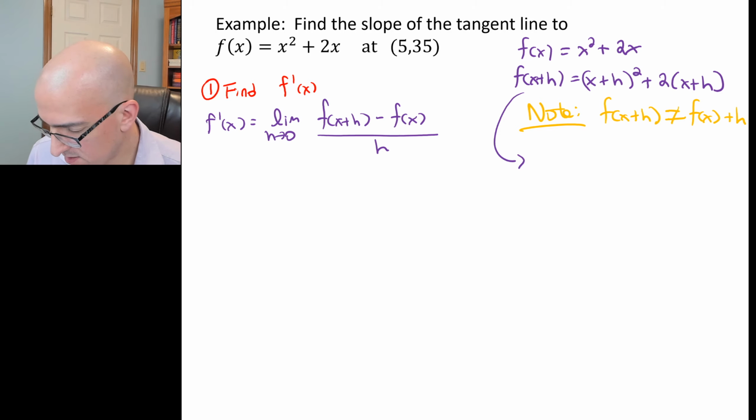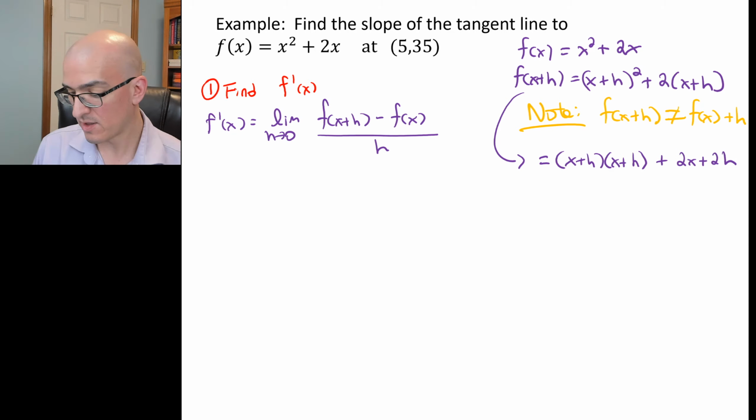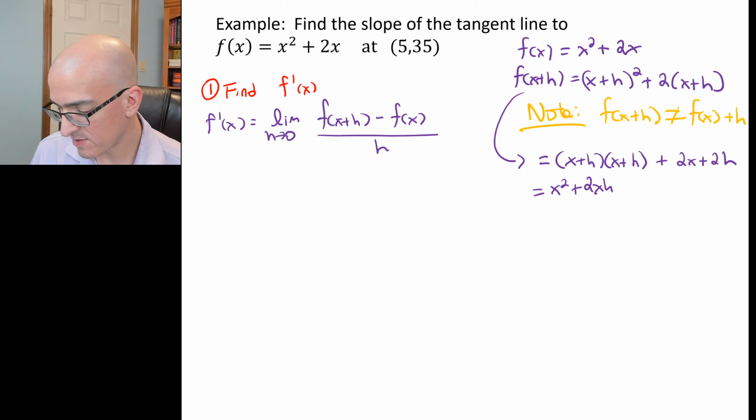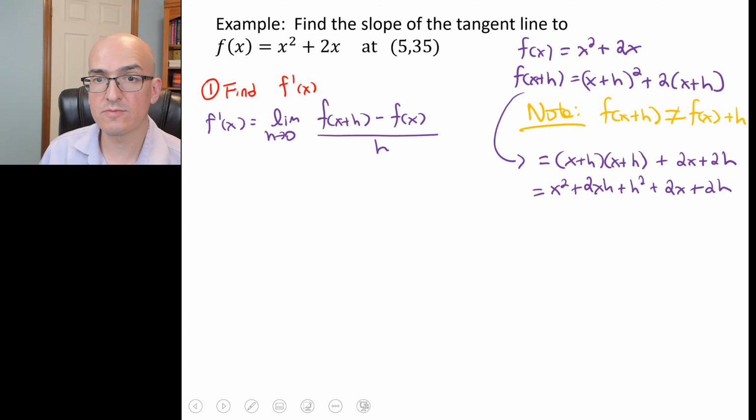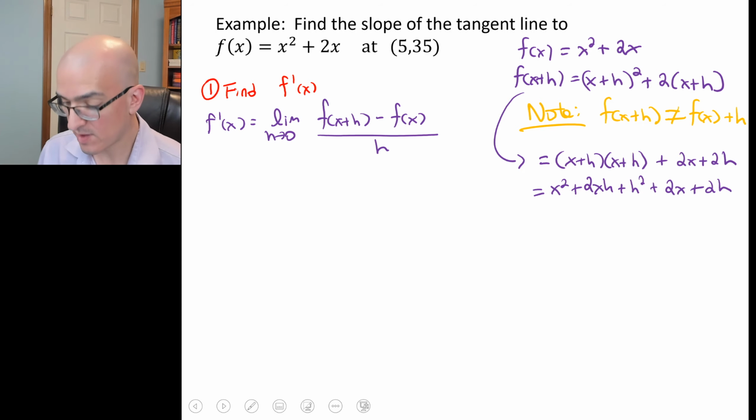So let's keep going with that. Let's FOIL. We'll get x plus h times x plus h plus 2x plus 2h, distributing the 2 into the bracket. Now we FOIL: x squared plus xh and another xh, so 2xh plus h squared plus 2x plus 2h. There's no like terms, so nothing to combine.